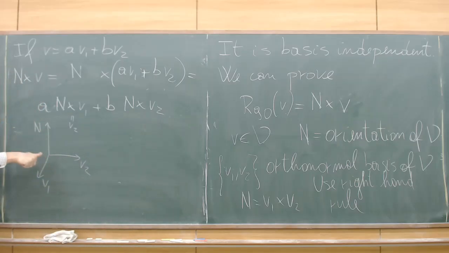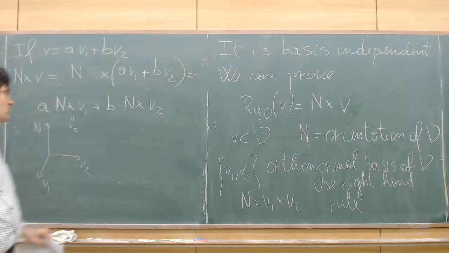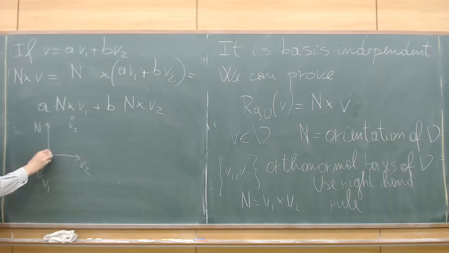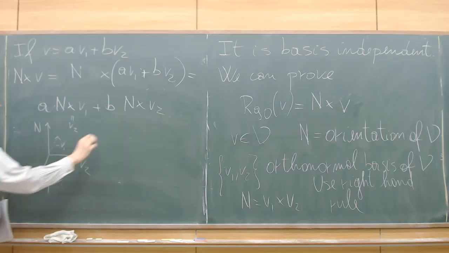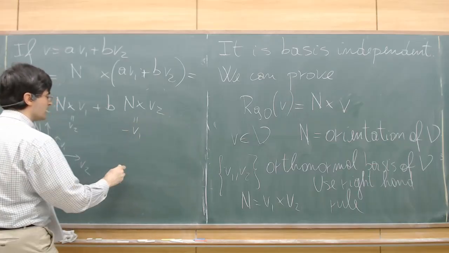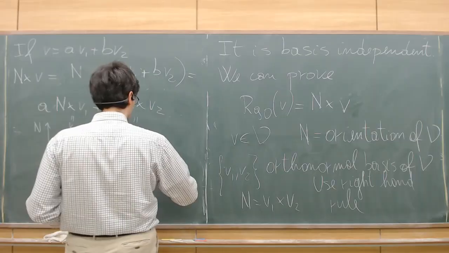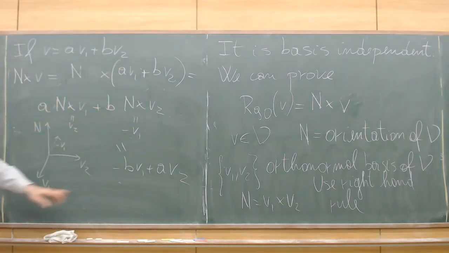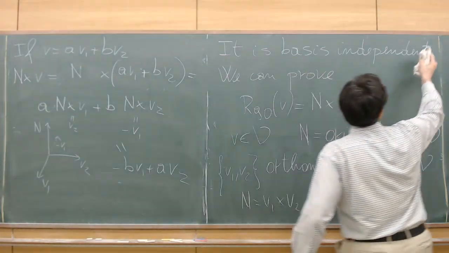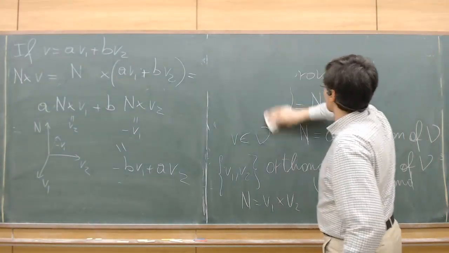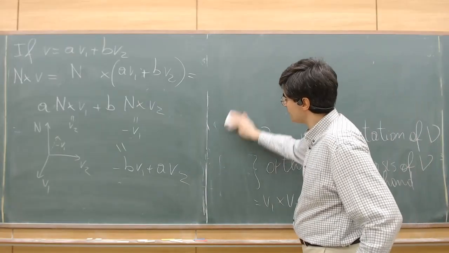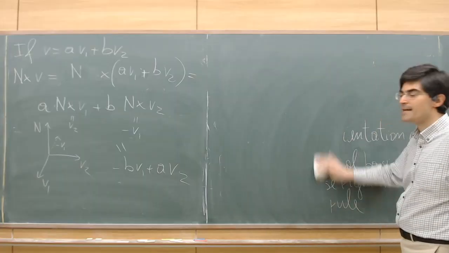Using the right hand rule, you get that it points like minus V1, and you get minus b V1 plus a V2. This is exactly the formula I gave you before. So this definition is basis independent.